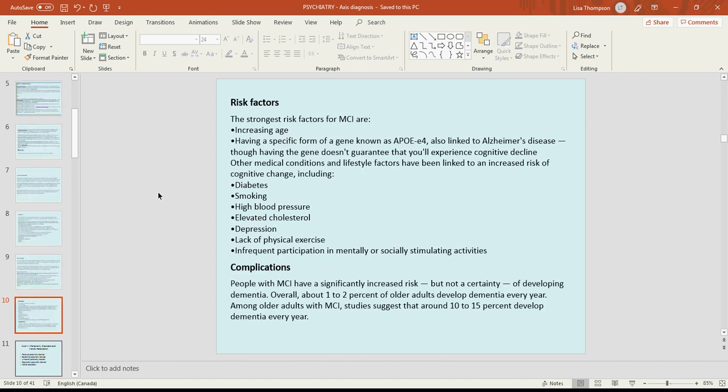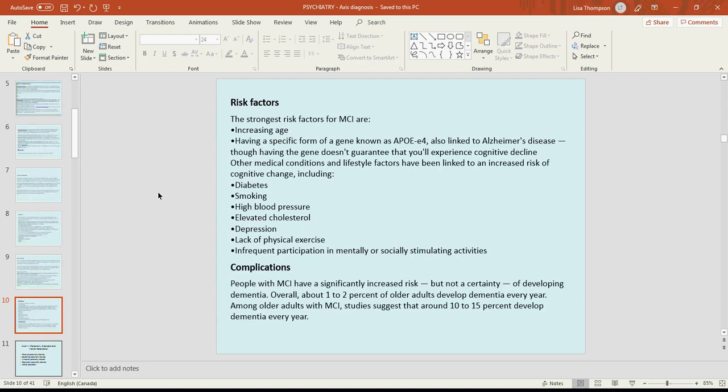Risk factors. The strongest risk factors for MCI are increasing age and having a specific form of a gene known as APOE-e4, also linked to Alzheimer's disease.